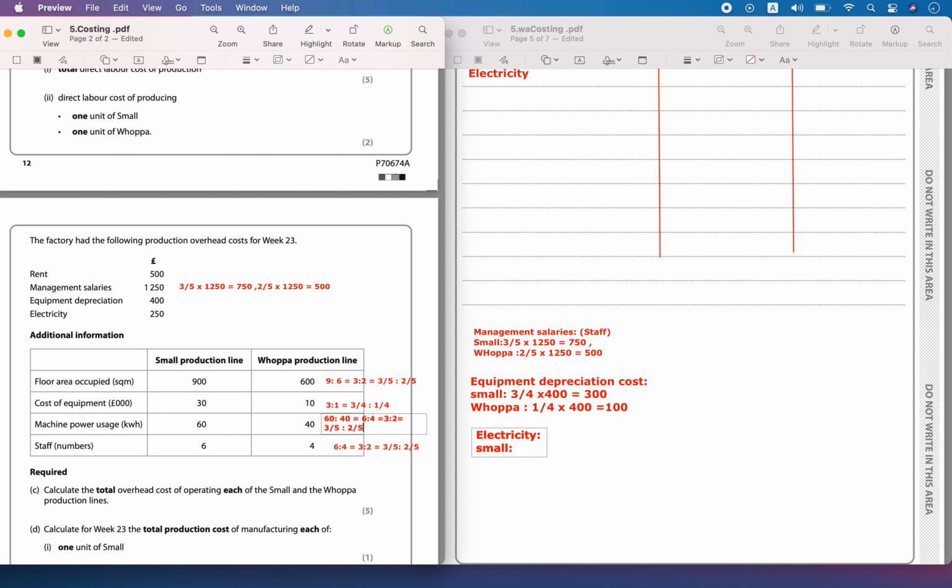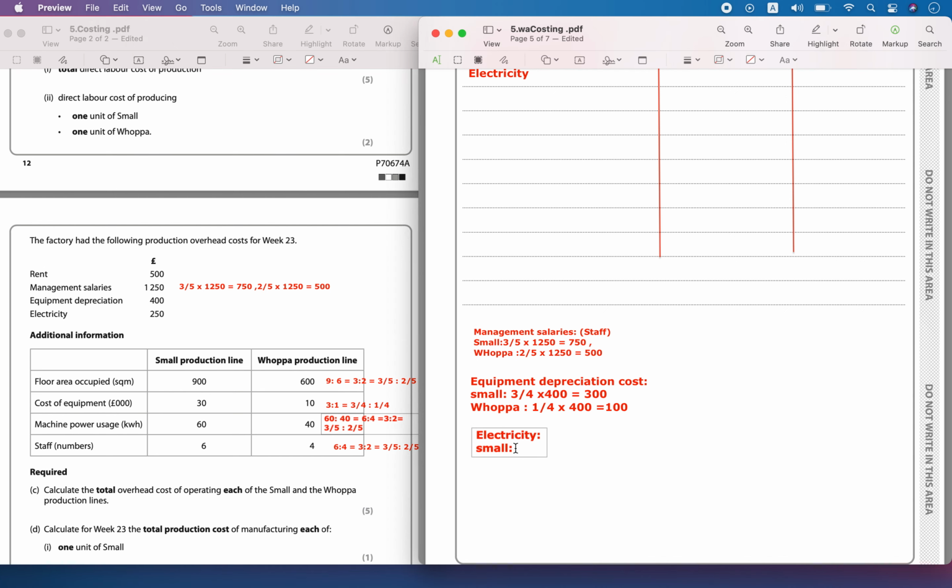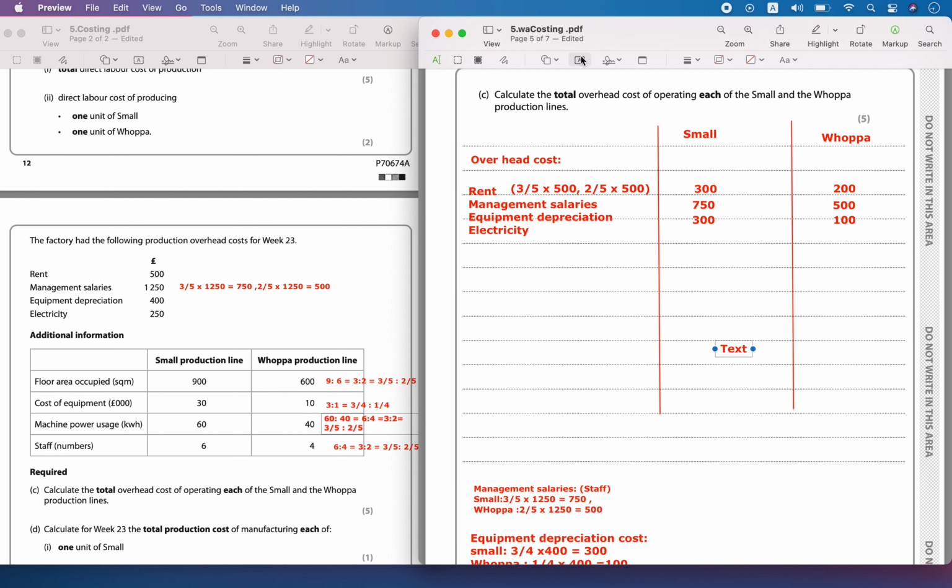So in the 3:2 ratio, 3/5 will be split towards the small product. So 3/5 of 250 is equal to 150, and for the WAPA it is 2/5 of 250, so that is equal to 100. So that is going to go into the cost.